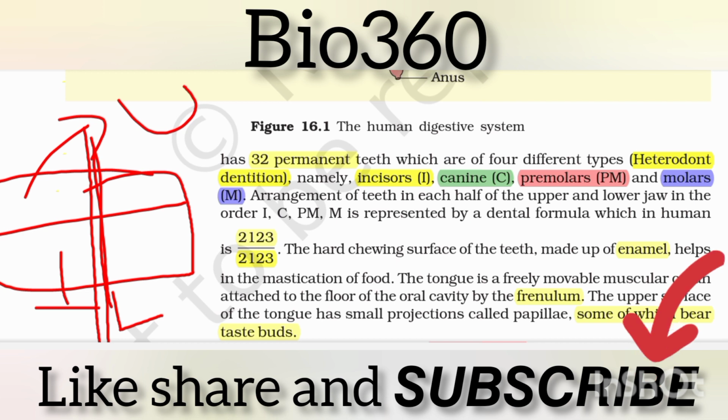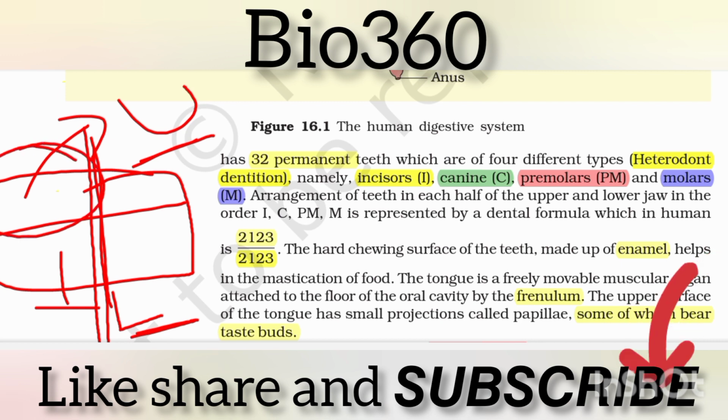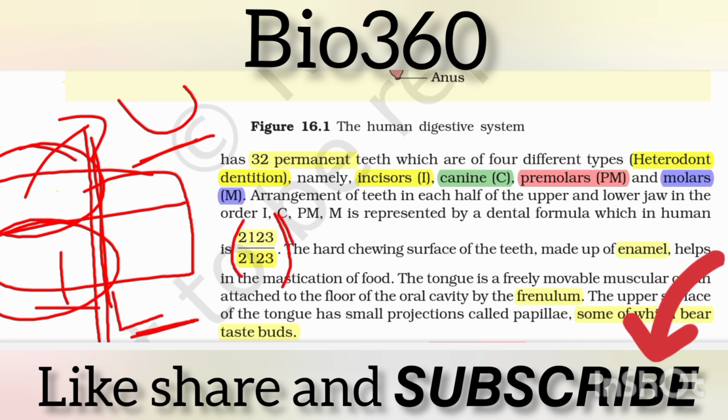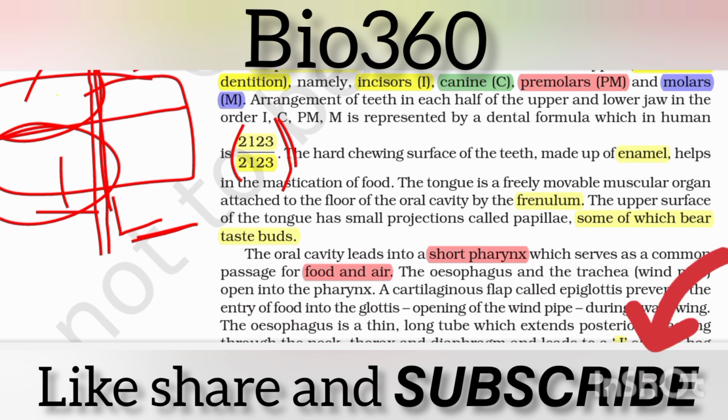Now you can see the teeth present in half of our upper jaw and half of our lower jaw. This represents the dental formula. Now the hard chewing surface present on our teeth is known as enamel, which helps in mastication of our food.